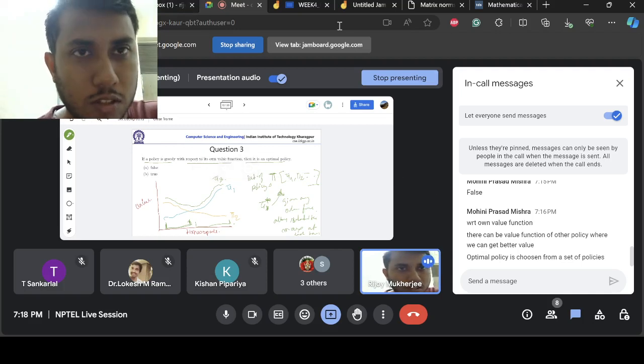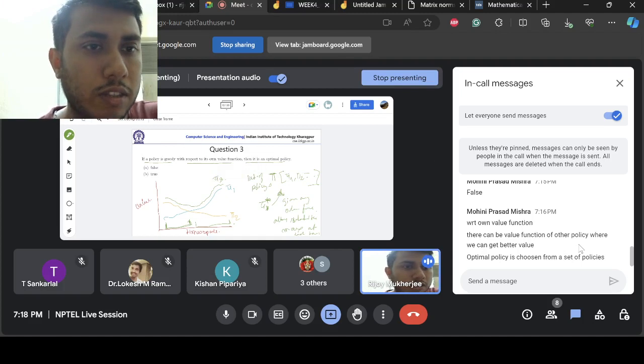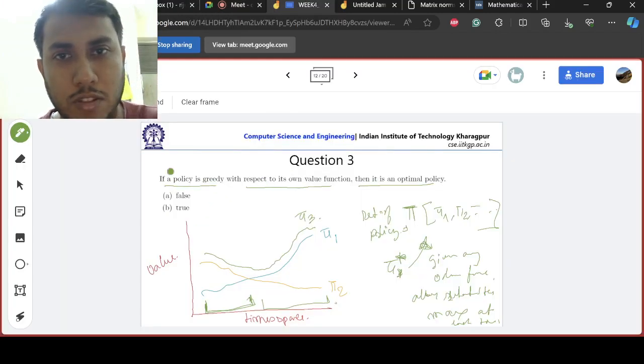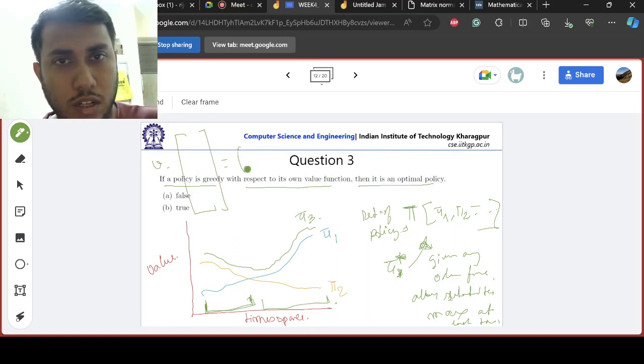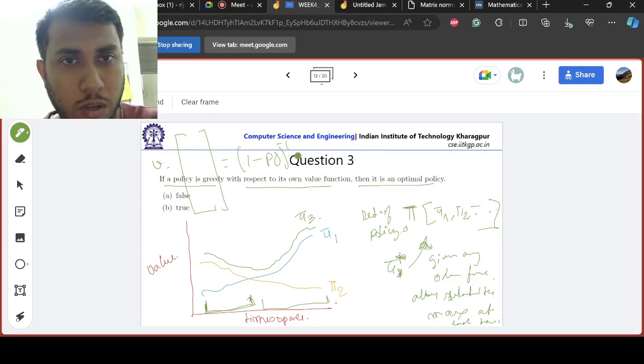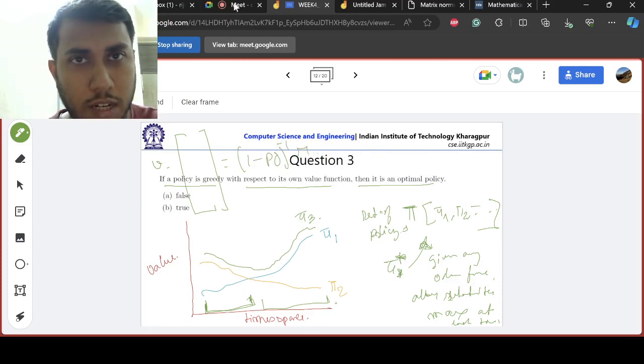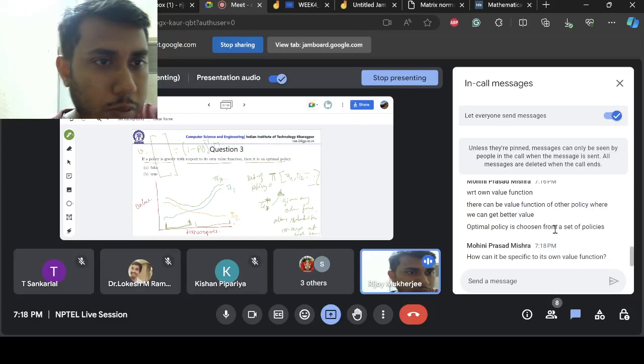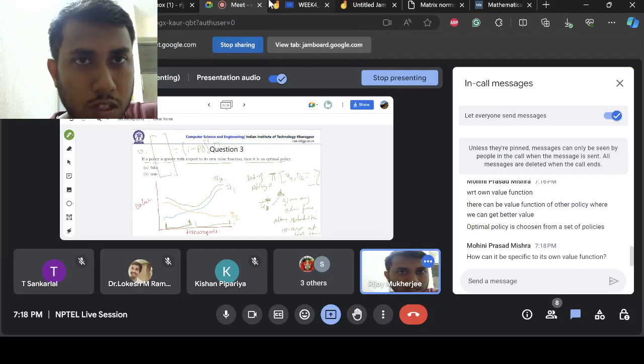If you remember the derivations, we are talking about a vector space of V, right? Something like 1 minus 1 by R was there, right? How can it be specific to its own value function?